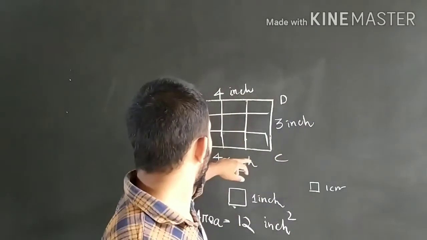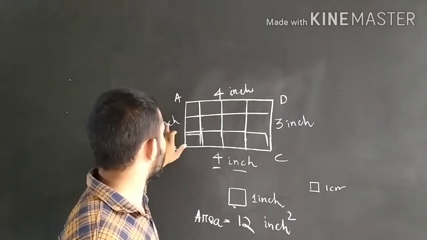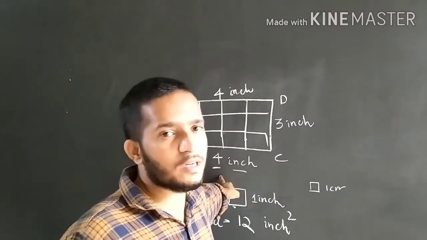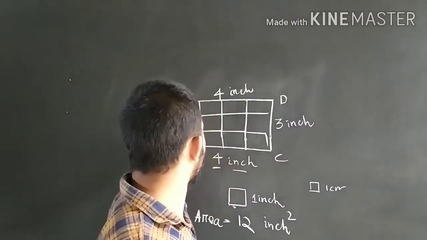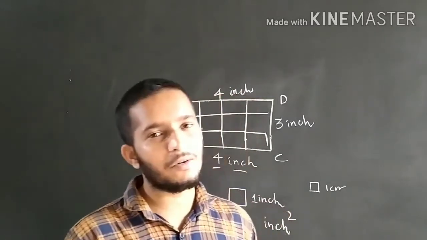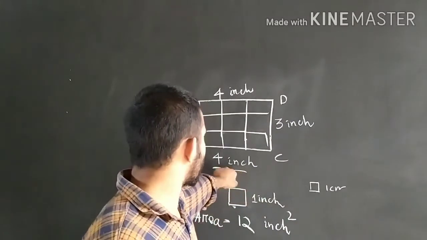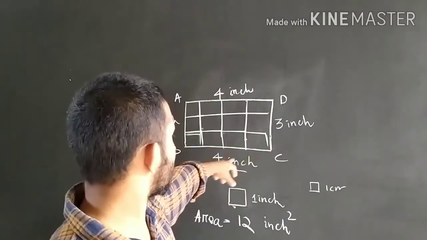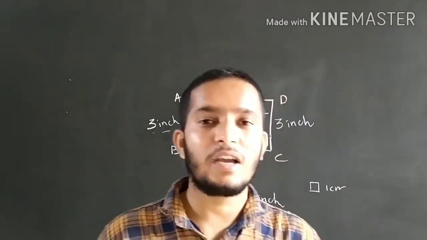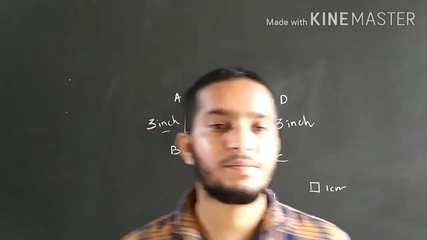Here too, the length AB is 3 inch, so there will be 3 boxes, and the breadth is 4 inch, so there will be 4 boxes, and the total is 3 multiplied by 4, which is 12. So your answer is 3 into 4, 12. As the length is measured in inch, we will write 12 inch square. I think you all understood this concept. Thank you.